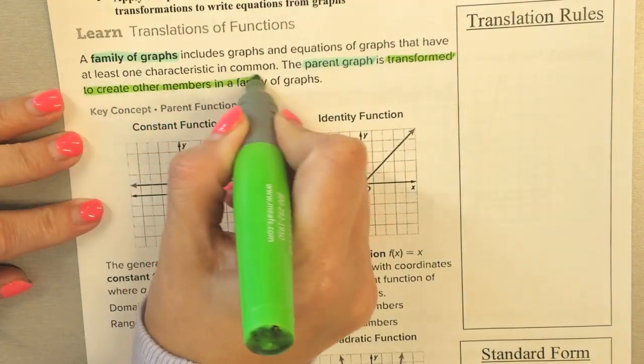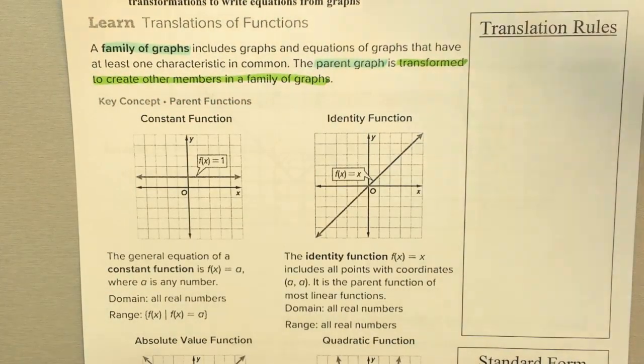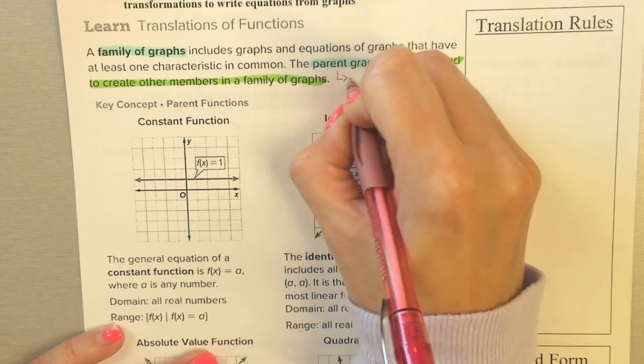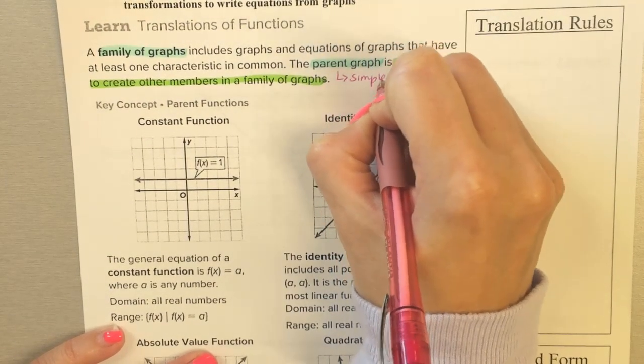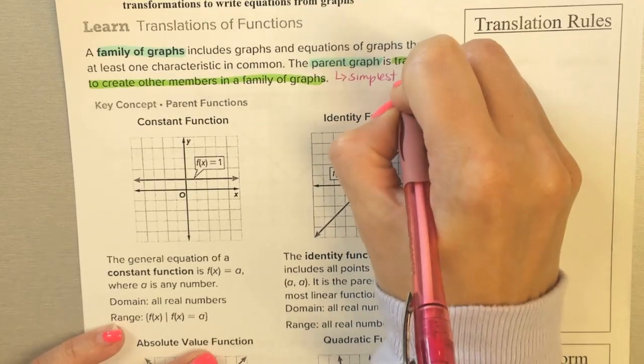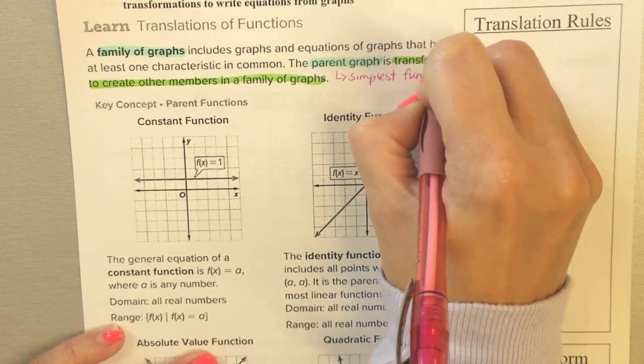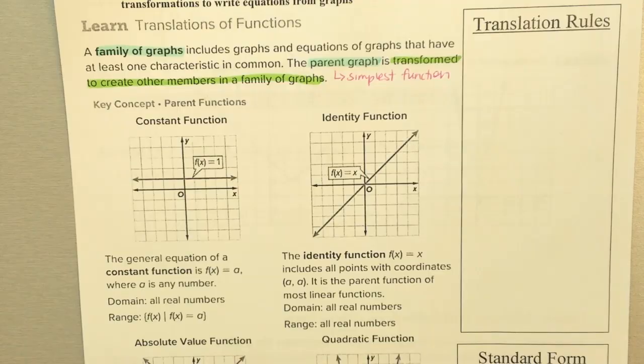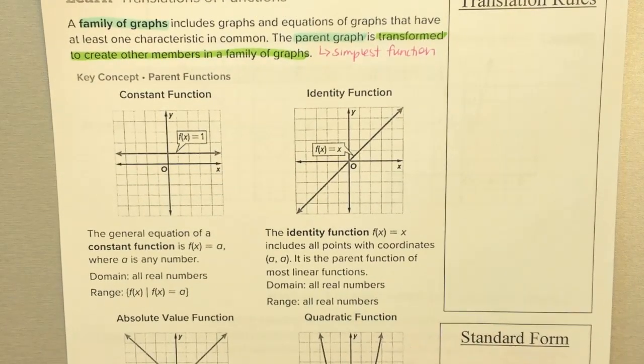Okay, so we start with the parent graph, which is the simplest function. Right, and we take that simplest function and we apply different transformations to it.